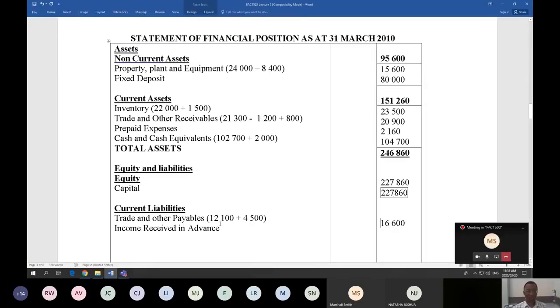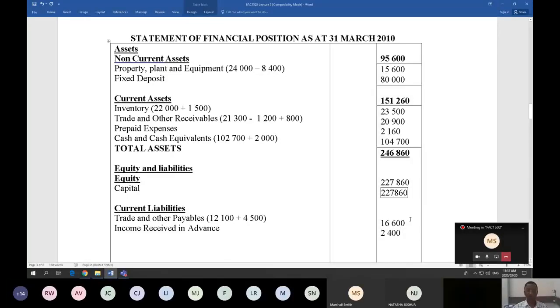Your income received in advance is coming from your adjustment number 4, where remember the tenant has paid the rental for a period of 12 months, but only 4 months was of this year. And therefore your income received in advance, we have calculated to be 2,400 Rand.